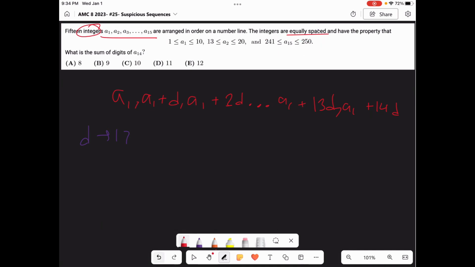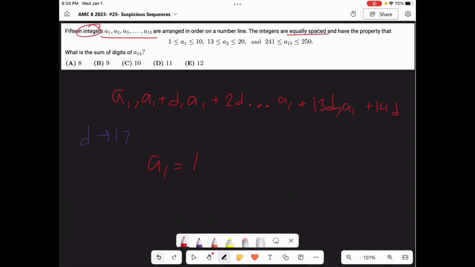Okay, let's list them out. So can we add 1? Can A1 be 1? Well, no, it can't, because 17 times 14, like we discussed, is 238. So 238 plus 1, that's 239, but that doesn't fit in this range.